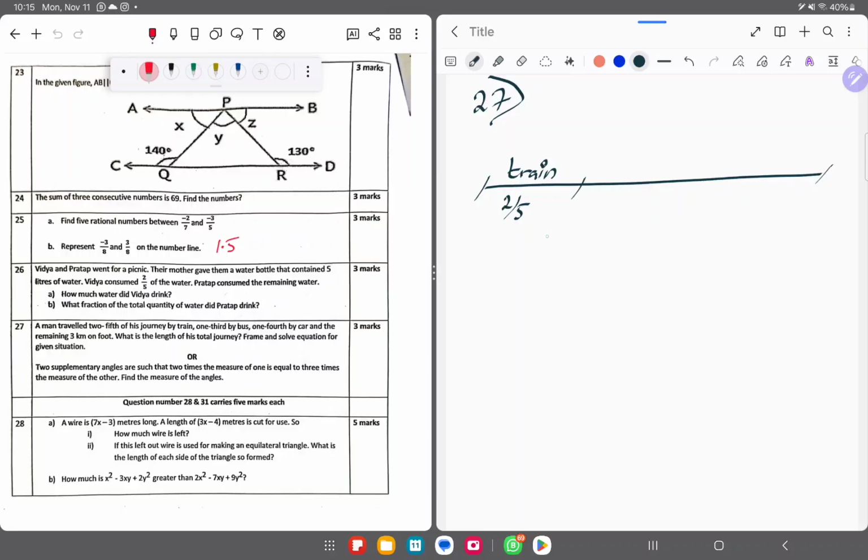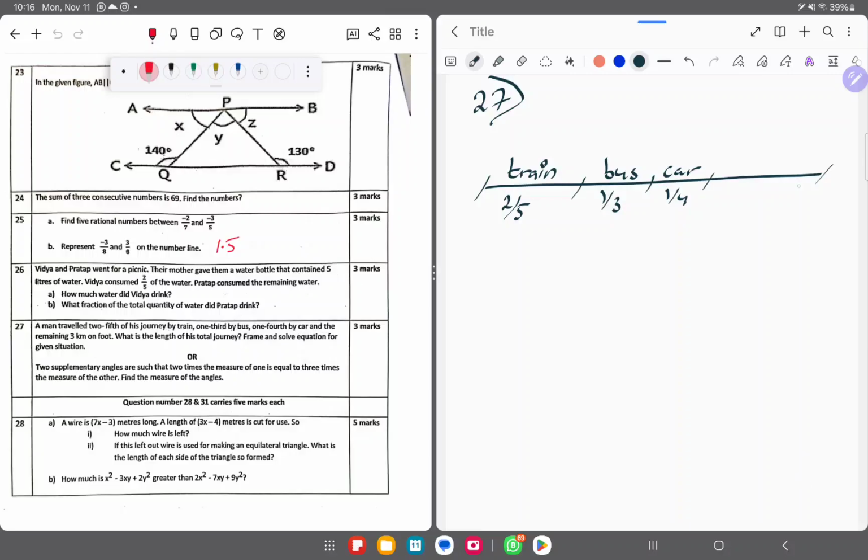Where's the question? Okay. By train, 1/3 by bus. Show me 1/3 by bus. And over here, 1/3 by bus. 1/4 by car.